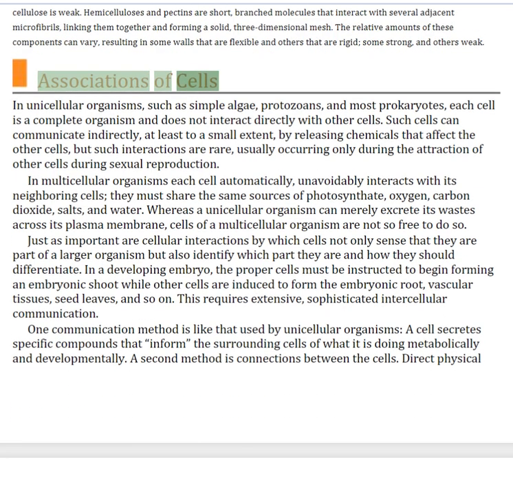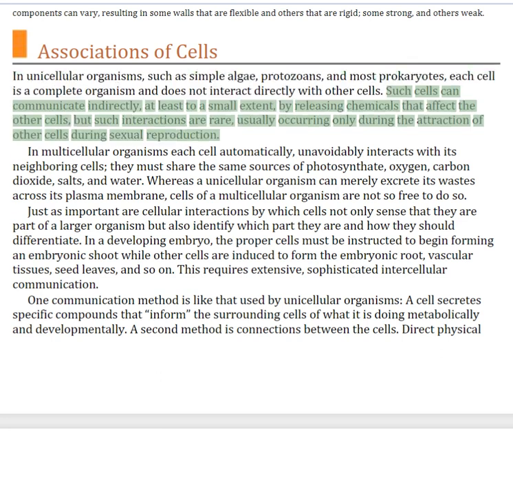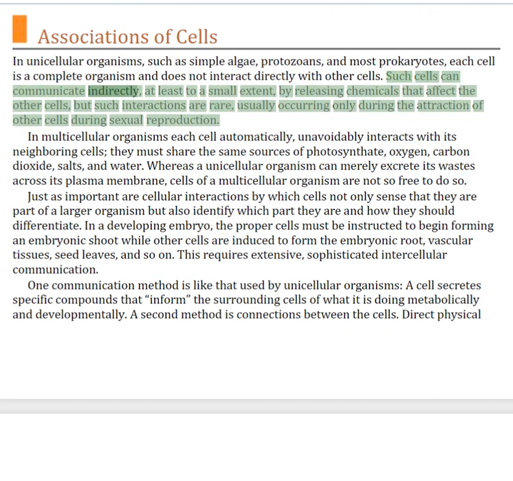Associations of cells. In unicellular organisms, such as simple algae, protozoans, and most prokaryotes, each cell is a complete organism and does not interact directly with other cells. Such cells can communicate indirectly, at least to a small extent, by releasing chemicals that affect the other cells, but such interactions are rare, usually occurring only during the attraction of other cells during sexual reproduction.